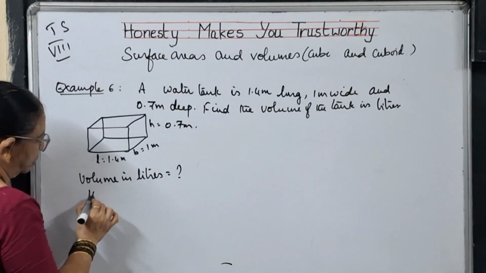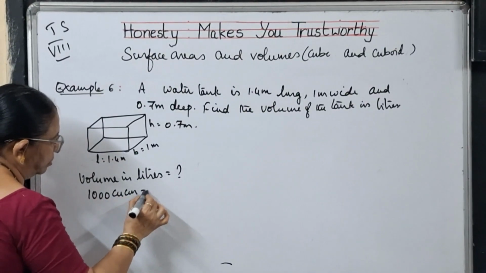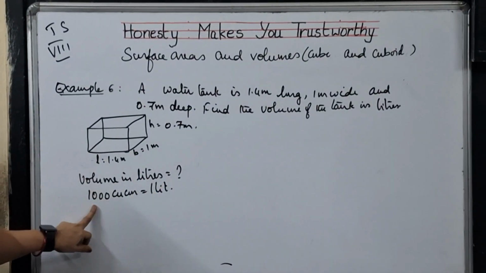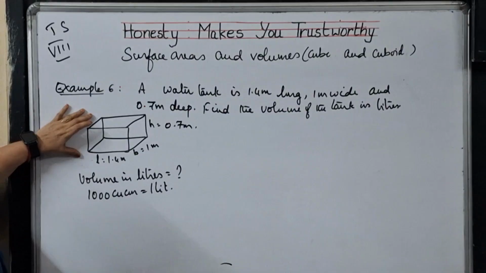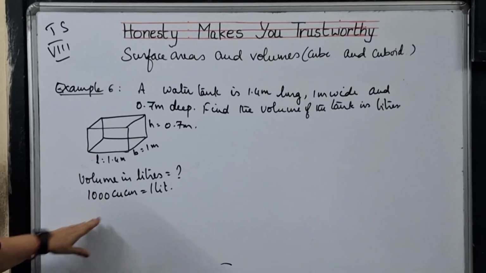We know that 1000 cubic centimeters is equal to 1 liter. This is the formula. So we need to know how many cubic centimeters the volume of this tank is, then we can convert it into liters.